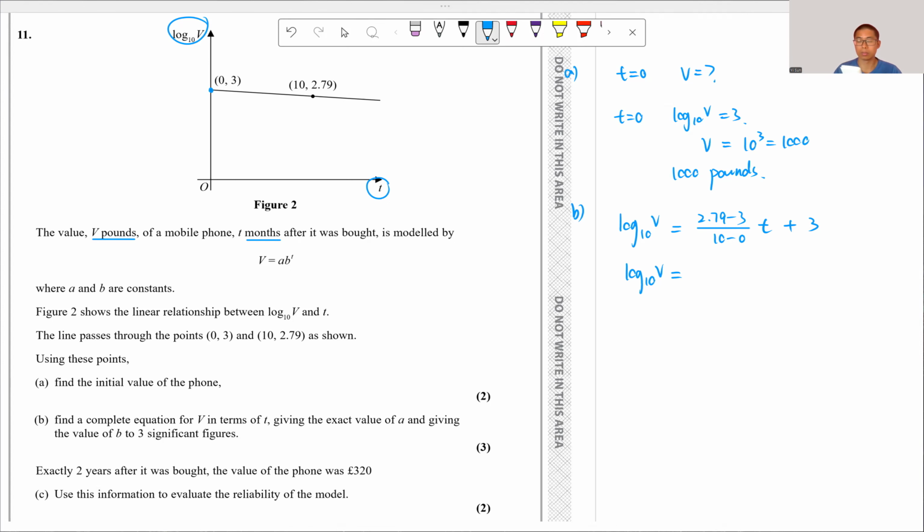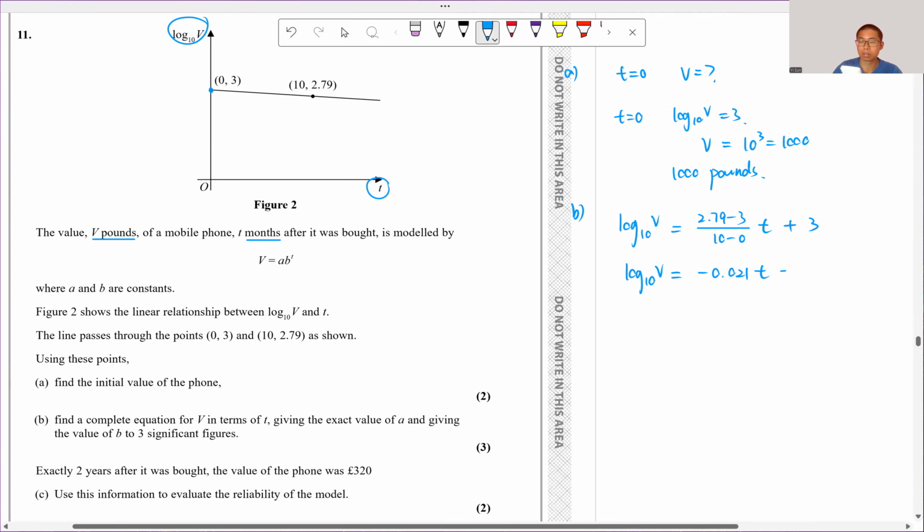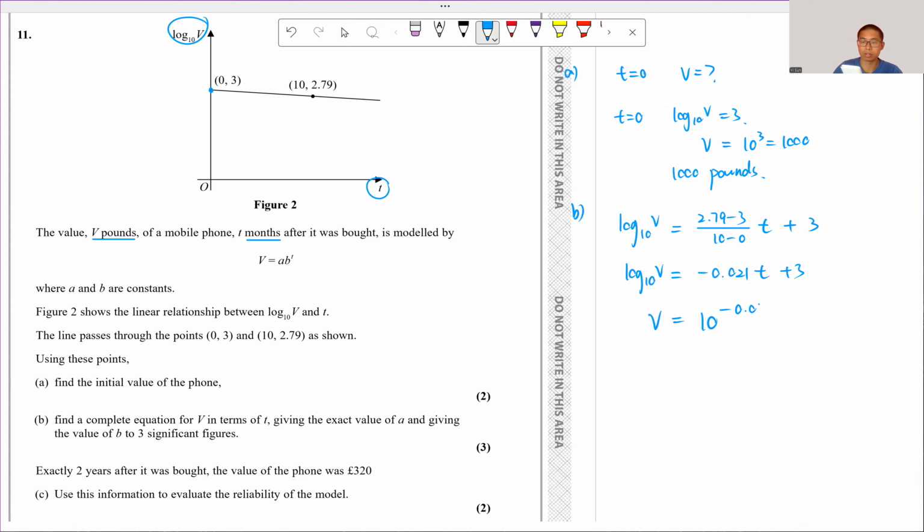which is negative 0.021. And then we want V in terms of T, so rearrange it. We have V equal to 10 to the power negative 0.021T plus 3.